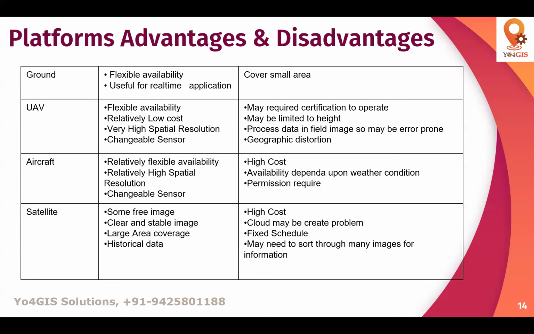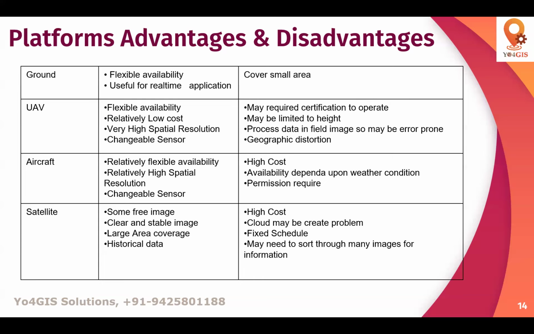Okay. So for UAV, what is the drawback? May require a certificate to operate, may be limited in height. Processing data in field images may be error prone, with geographic distortion. Whenever we are talking about drone surveys, in India you cannot fly the drone everywhere.